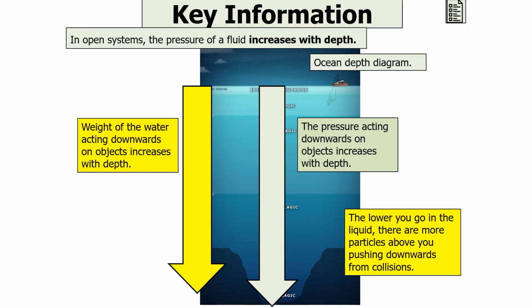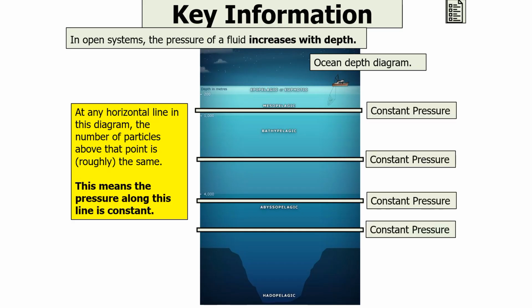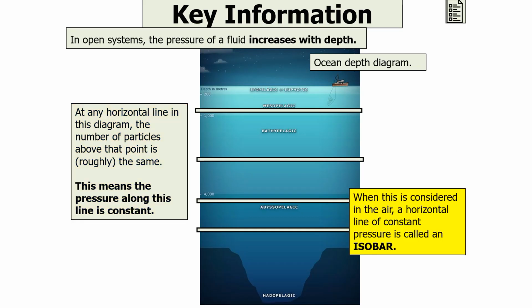What this means is that at any horizontal line in a diagram of a fluid, the number of particles above that point is roughly the same. So it tells us that along that line, the pressure is constant. Now when this is considered in air as a fluid, the horizontal line of constant pressure is called an isobar.